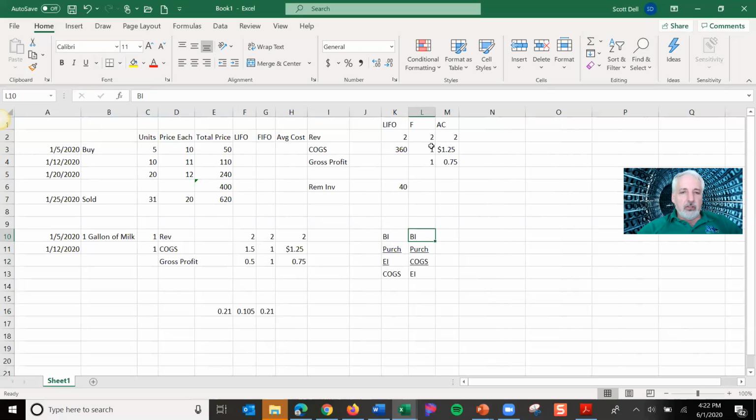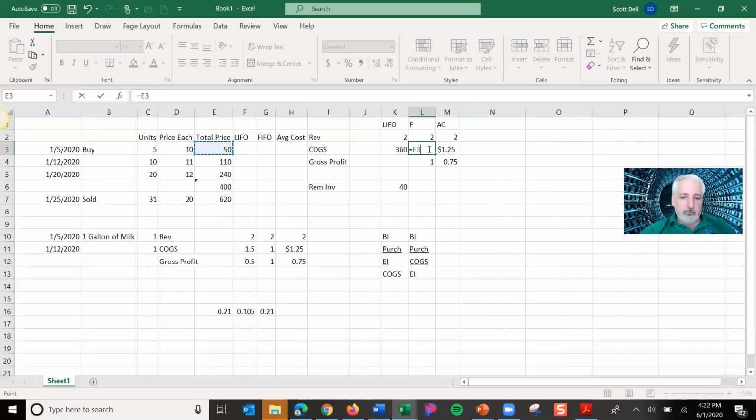When I do cost of goods sold for my other method of calculating inventory, I have how many units sold? I've got 31. It's made up of all of these plus all of these, so there's 15 of it, plus, and let's see, I've got 15, I sold 31, so I got 16 times the individual cost of that layer.